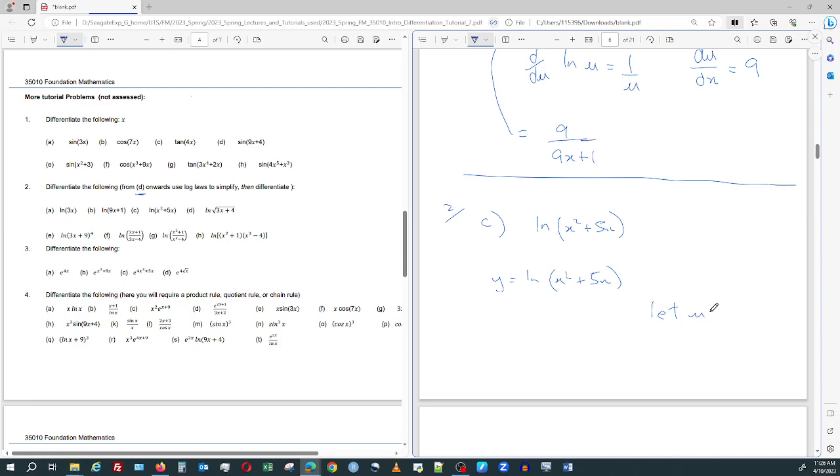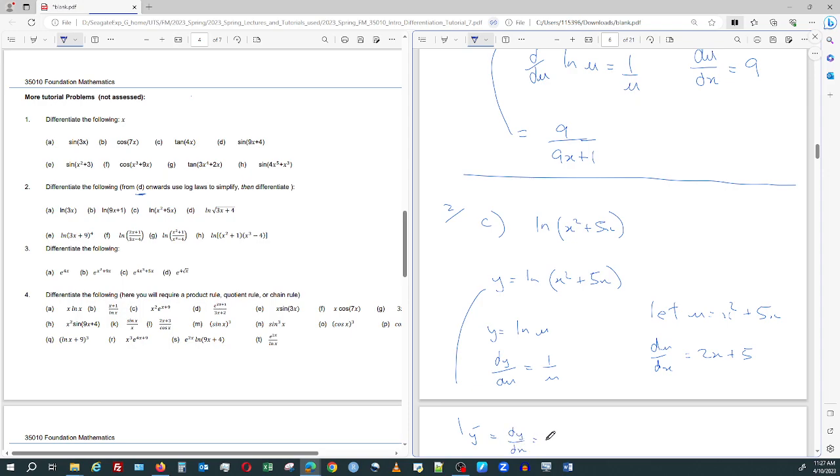So let u equal x squared plus 5x, and du dx is going to be whatever's written there. So y is equal to the ln of u, so dy du.